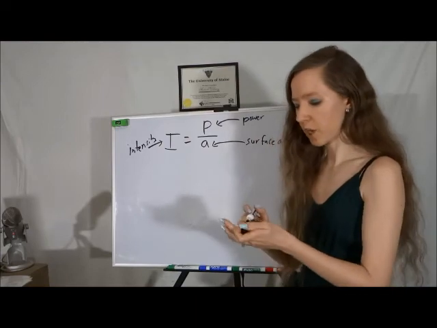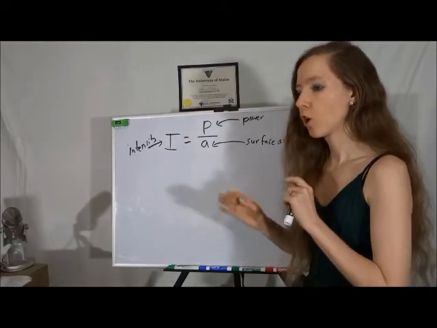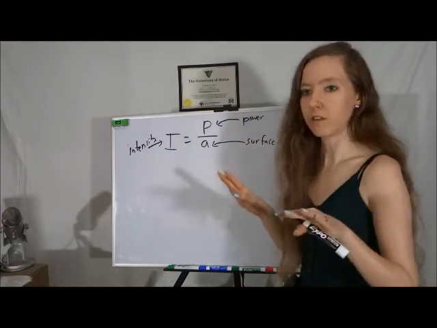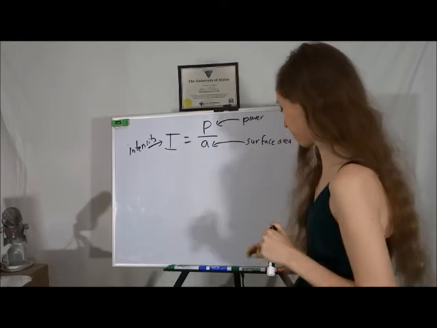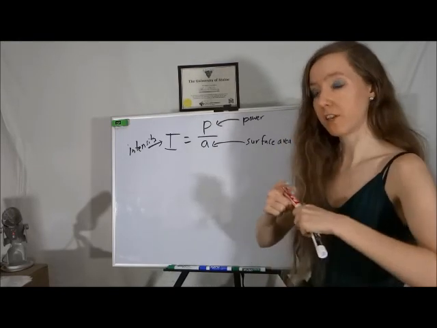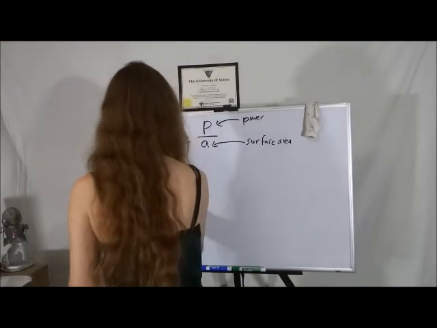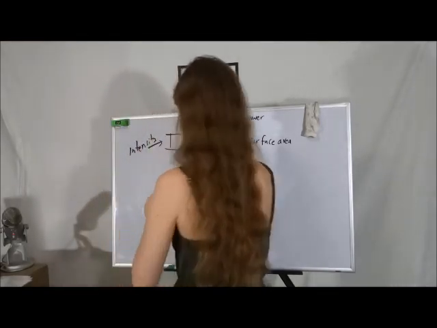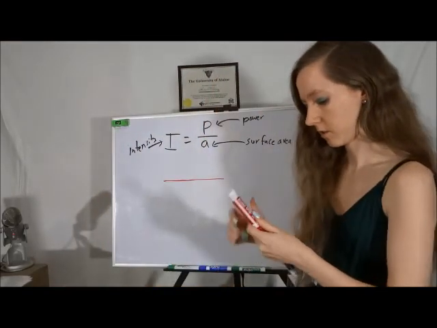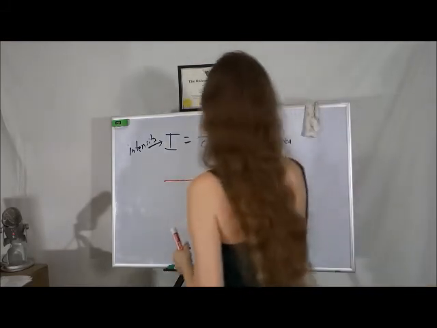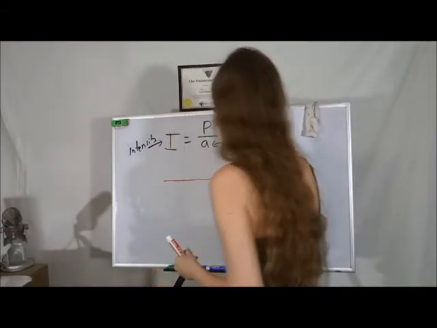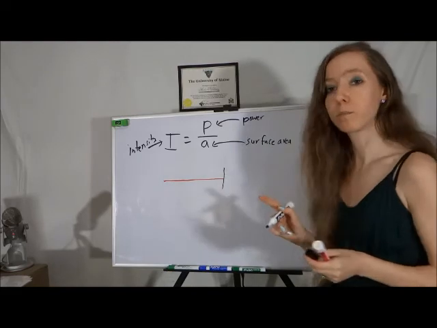And so if you're thinking about the surface area, it's basically what area is our wave coming into contact with. So if we have a focused laser beam of light coming through and hitting a wall, the area in particular is going to be the place where the beam meets the wall.